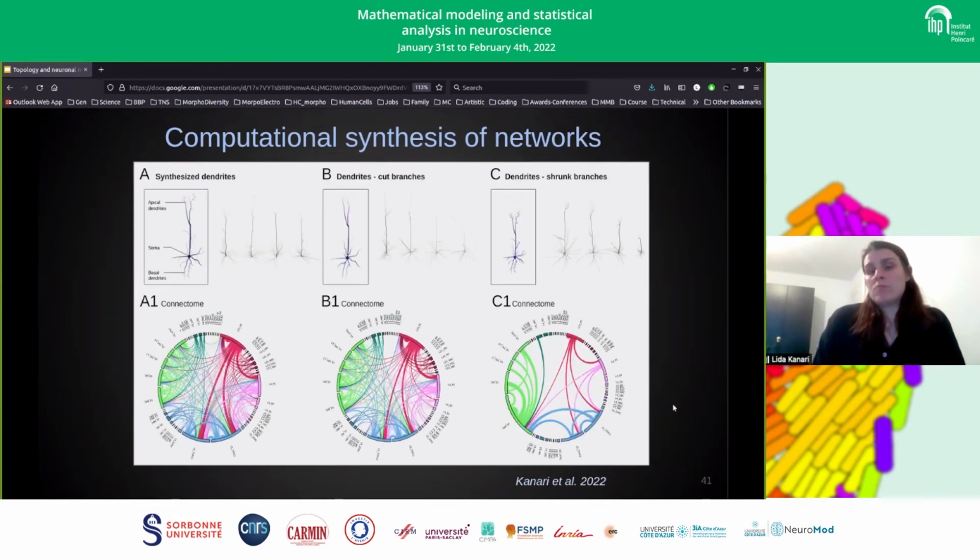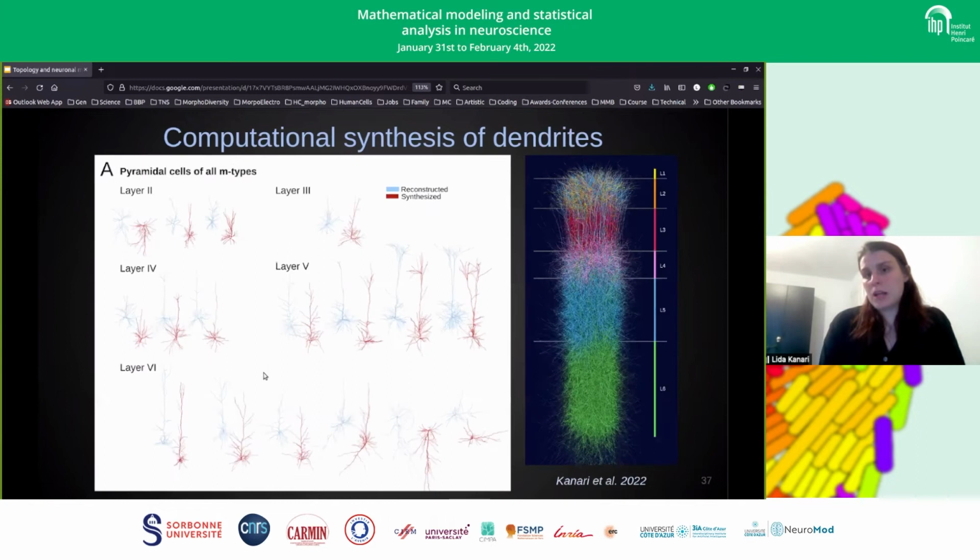So this might look very simplistic, but it's a starting point for an interesting application that we're very excited about. Here is, again, a very simple modification that we're going to perform on the dendrites. Here is an example of an actual dendrite and the connectivity of the network that is formed in a column like this one.